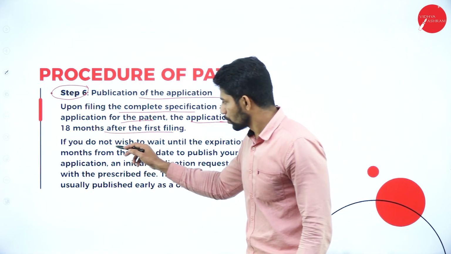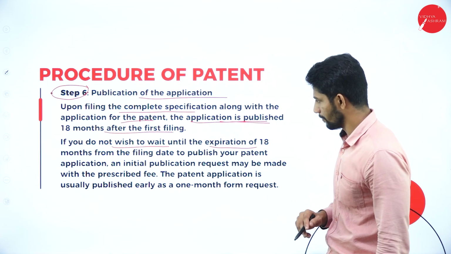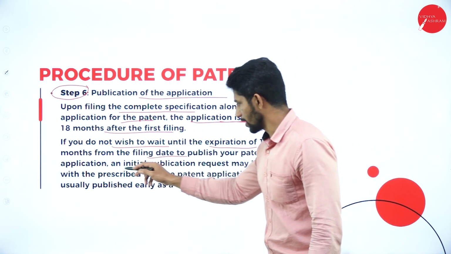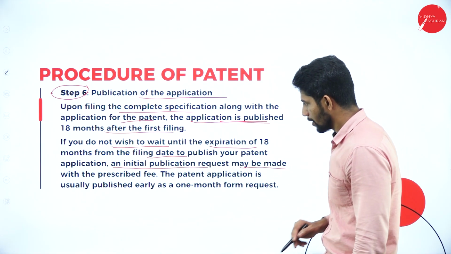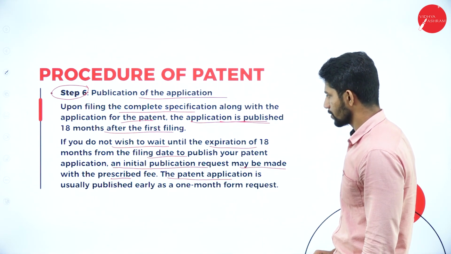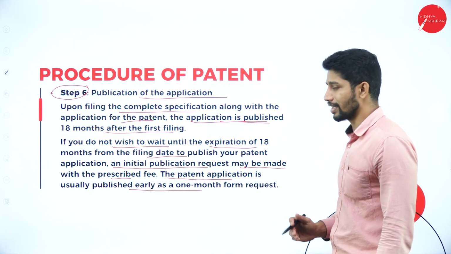And if you do not wish to wait until the expiration of 18 months from the filing date to publish your patent application, an early publication request may be made with a prescribed fee. The patent application is usually published early, within 1 month of the request.